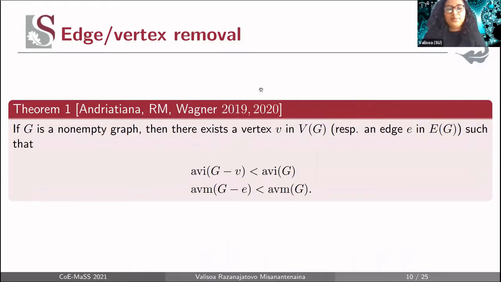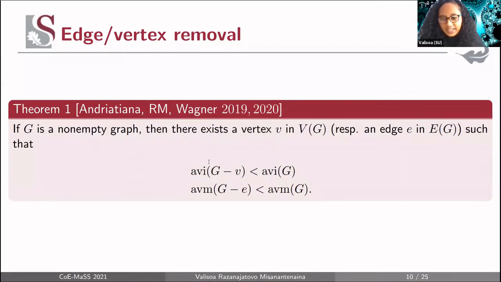However, we proved that in a graph G, there is a specific vertex such that the removal of that vertex will definitely decrease the average size of independent sets. I just want to point out here that the case for edges is not working. So there is no specific edge that will definitely decrease the average size of independent sets.